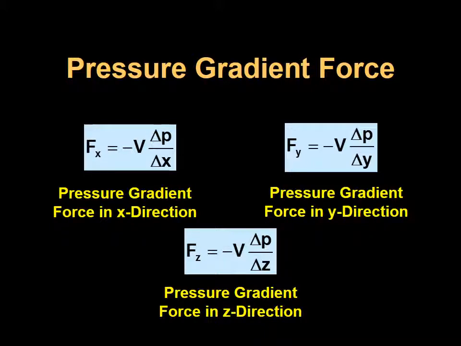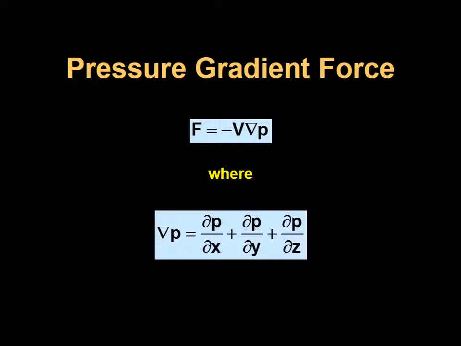You can also do it for the y direction the same way and also the z direction, and you come up with the same relationship, except that the change in pressure will be in the y direction and also in the z direction. So if we combine that together, remember that we can use the del operator on P to tell us the change in pressure in the x, the change in pressure in the y, and the change in pressure in the z. Multiply it by V. That gives you a nice little shorthand instead of having to write all those nasty little partial derivatives.